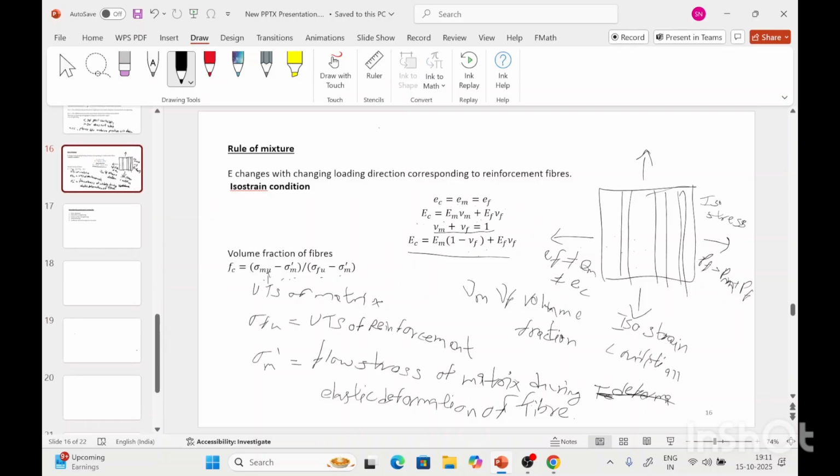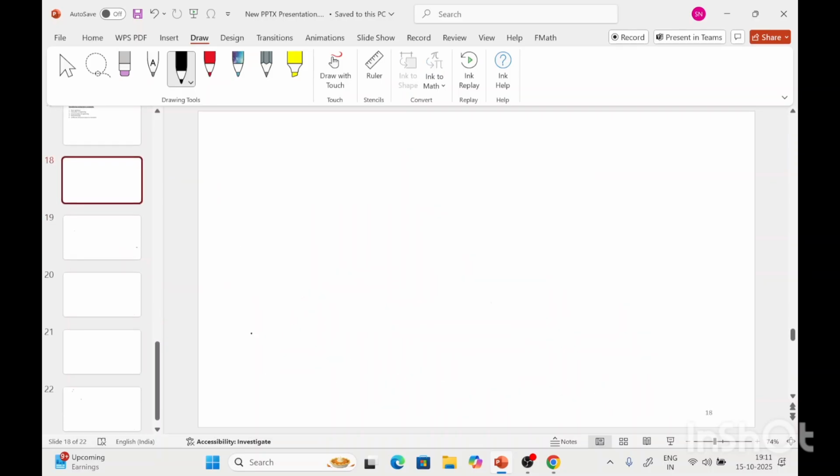If we discuss the stress strain diagram for the composite, matrix and fiber, for the reinforcement this is the stress strain behavior, meaning very low ductility and high strength.